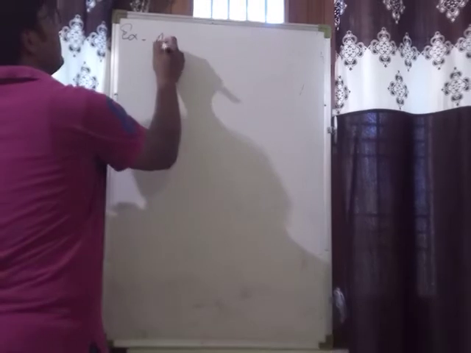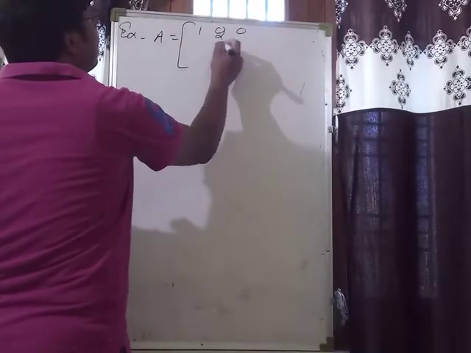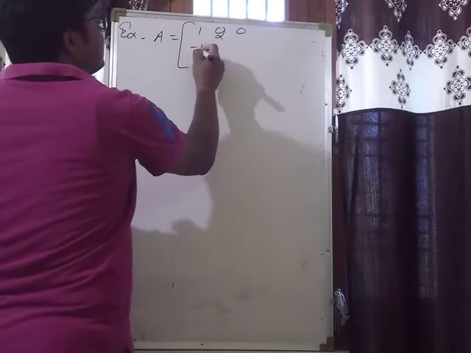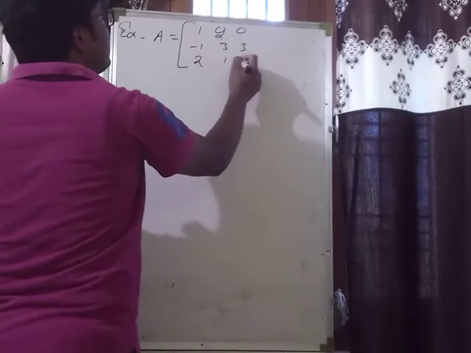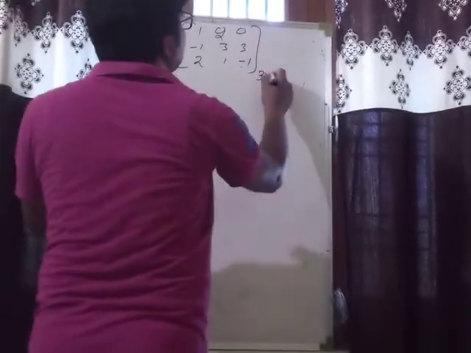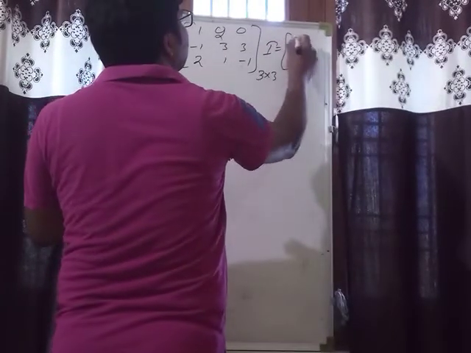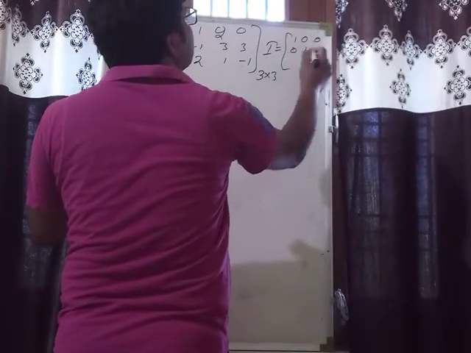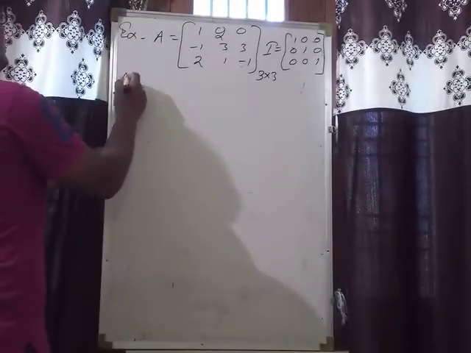Consider another example. A is [1 2 0; -1 3 3; 2 1 -1]. So this is a square matrix of order 3. Now consider I of order 3, [1 0 0; 0 1 0; 0 0 1]. Now find out AI.